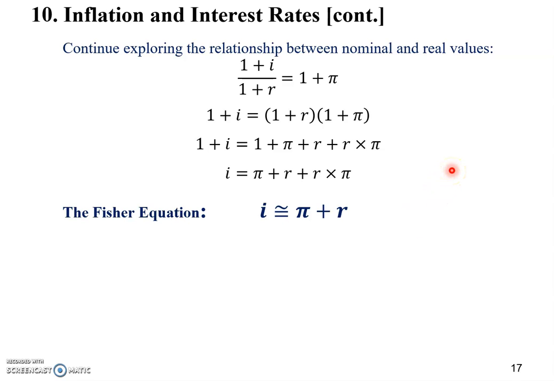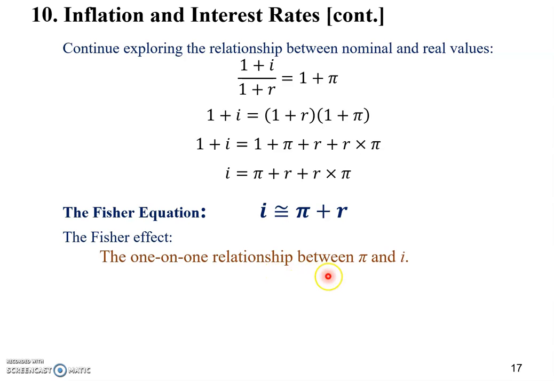It's named after American economist Irving Fisher. The Fisher equation tells us that there's going to be a one-to-one relationship between inflation and the nominal interest rate for a given real rate. So if r is given, r is a constant, then when inflation goes up by 1 percentage point, the nominal interest rate will go up by the same amount.